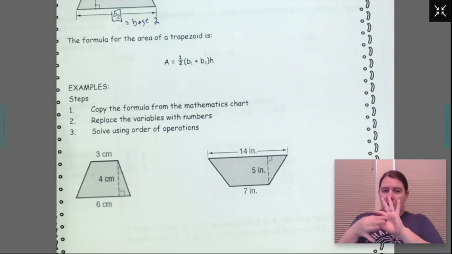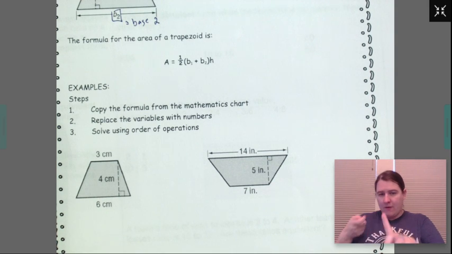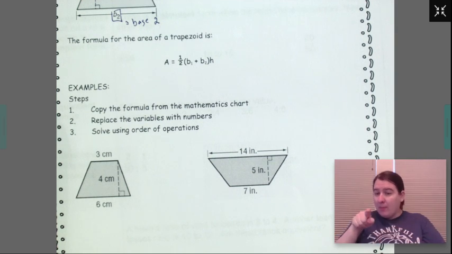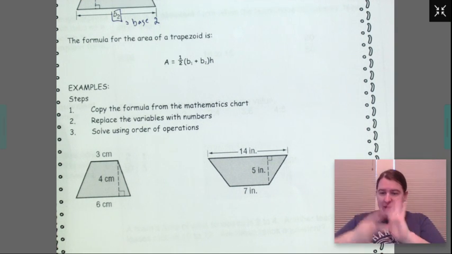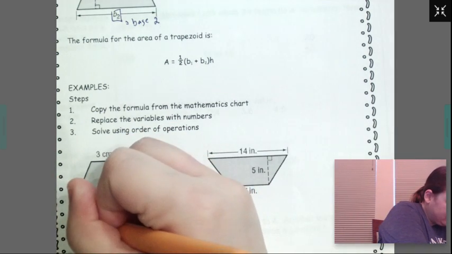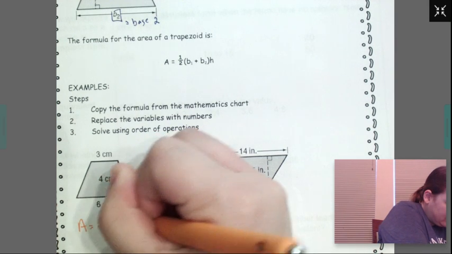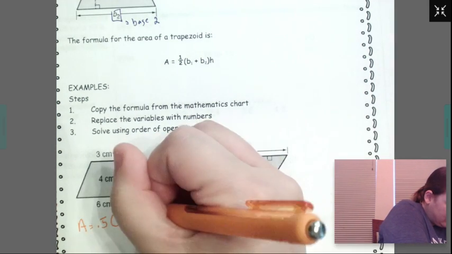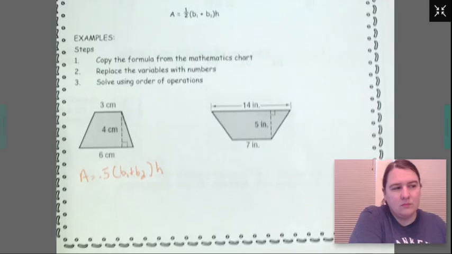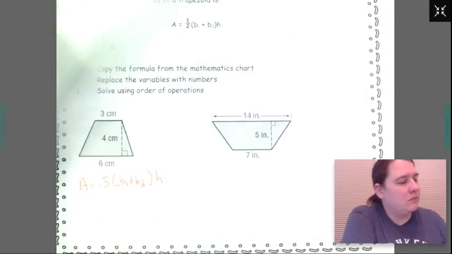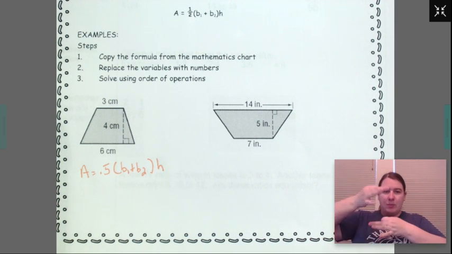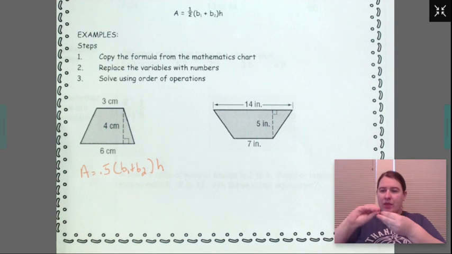First, I'm going to copy down the formula from my math chart. For 1/2, I'm going to write 0.5 because remember, 1/2 means 0.5. Okay, now I'm going to replace the variables with numbers.